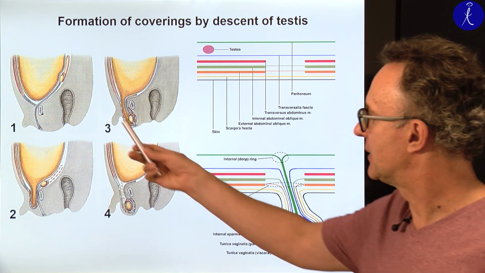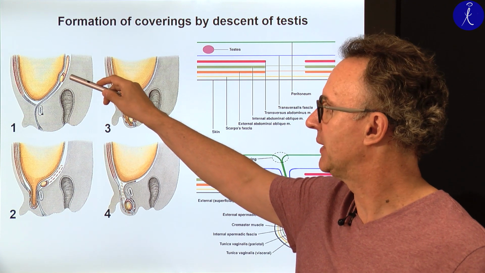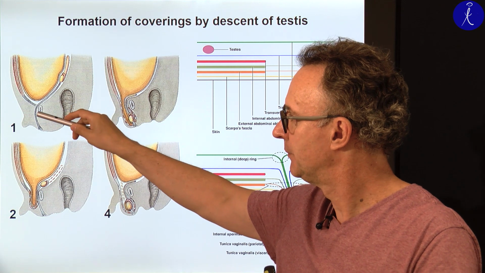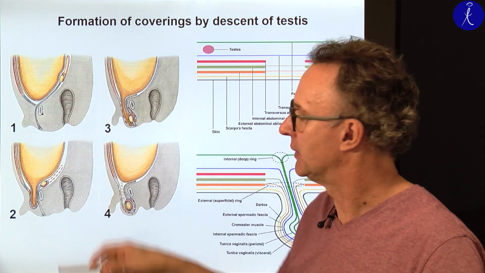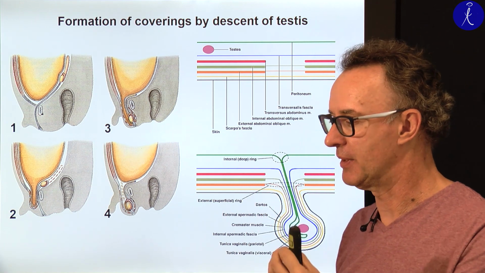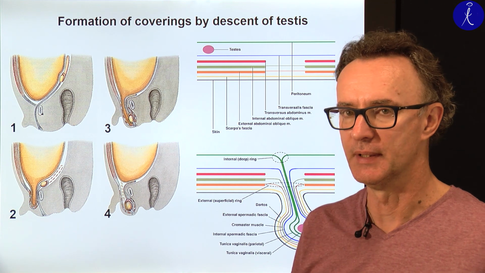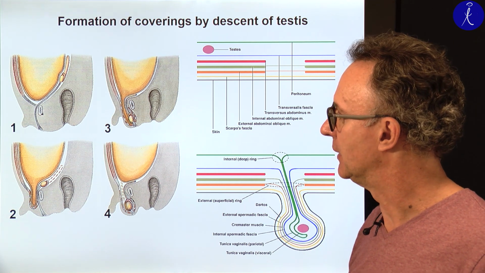And this shows the descent of the testis from the original retroperitoneal position, so extraperitoneal, outside the peritoneum, and this special cord which governs the descensus of the testis is called gubernaculum testis. Gubernaculum testis doesn't have an English term.